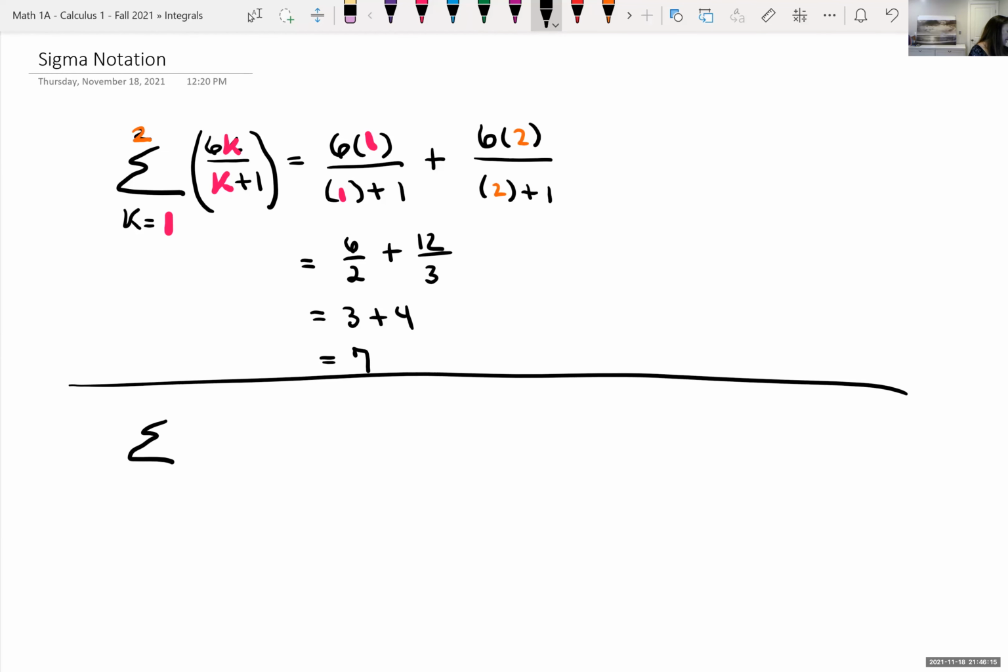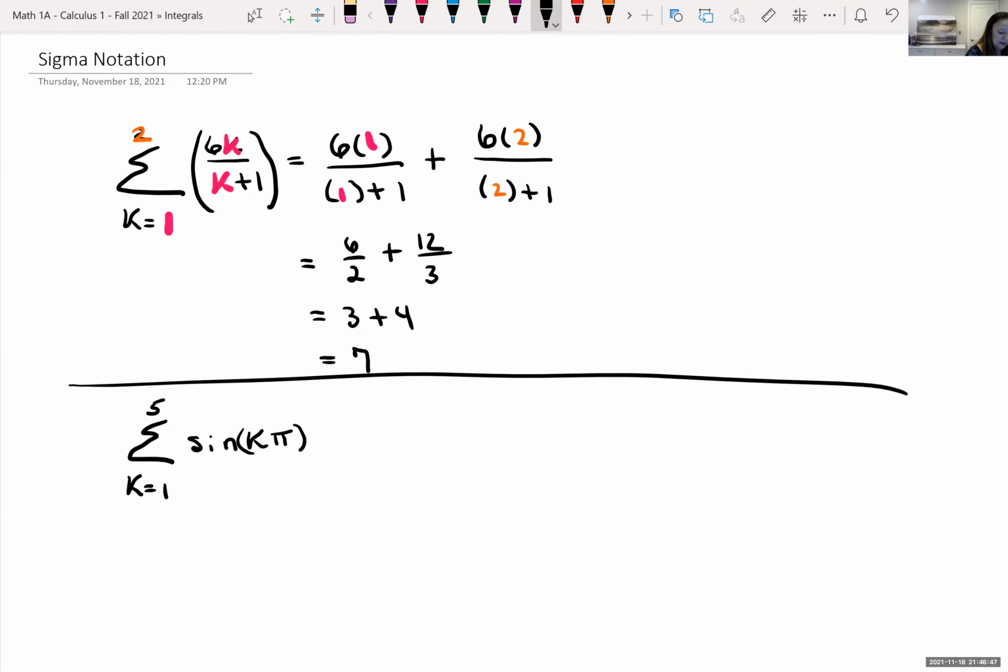What if you had k equals 1 to 5 of sine of k times pi? So we got to go in here. We're going to be summing 5 different things: when k is 1, when k is 2, when k is 3, when k is 4, when k is 5.